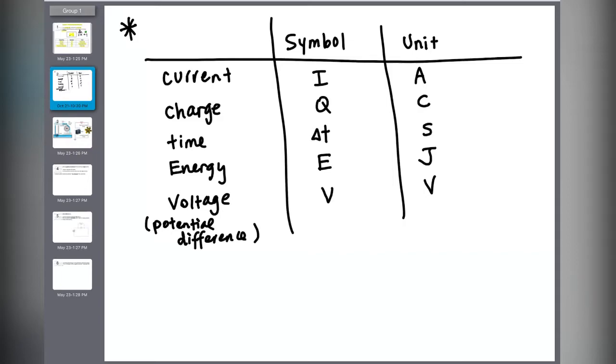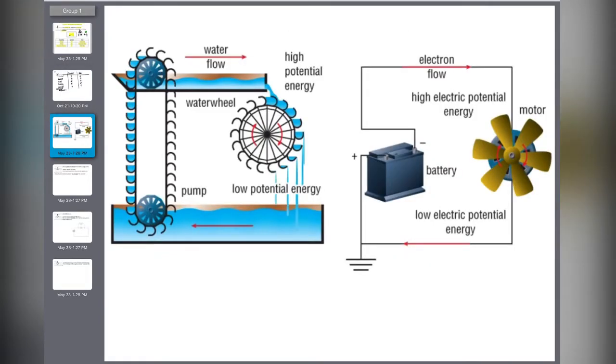Okay. All right. So here's an analogy, trying to show you how a battery is almost like this pump. They're basically trying to mimic this with the water system.